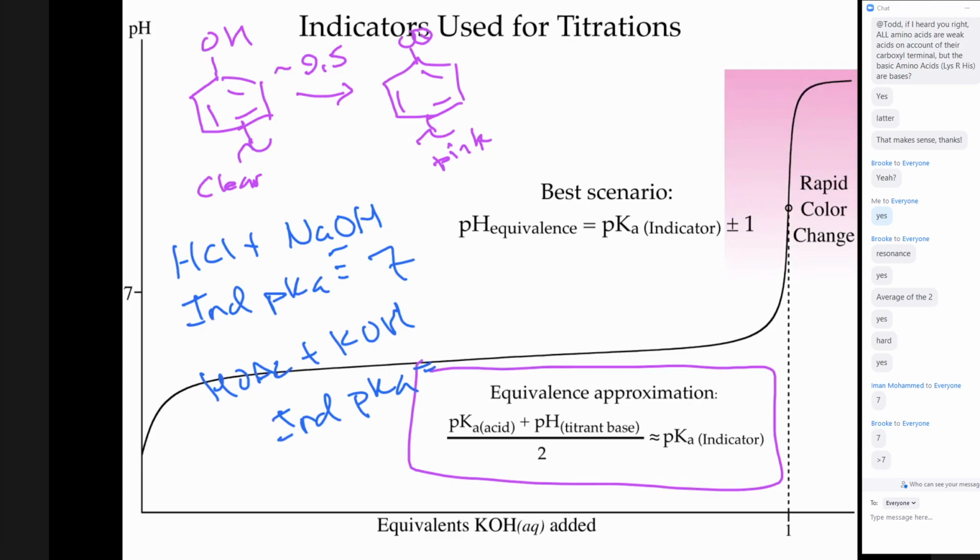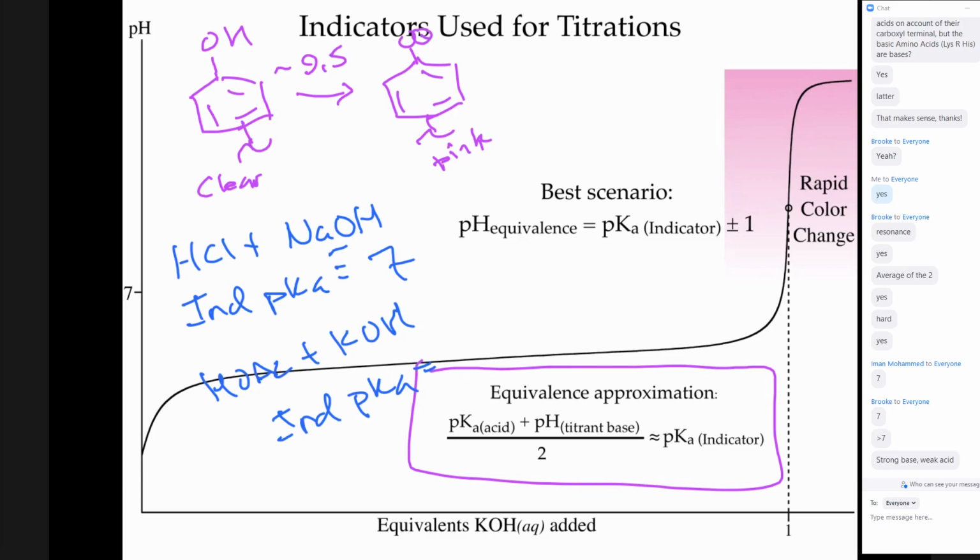Absolutely 100% right. The answer I was fishing for. HOAc is a strong or weak acid? Perfect. Weak acid, strong base. So I want it to be maybe around 9-ish, plus or minus. Key thing, greater than 7. So does that make sense? You pick the indicator to match what the pH equivalence will be.